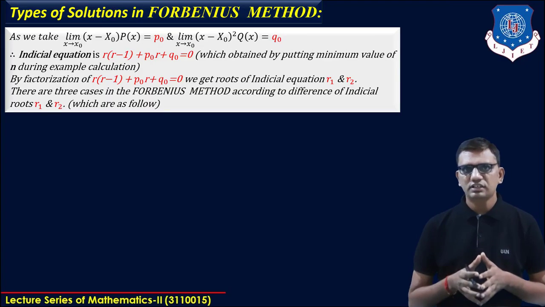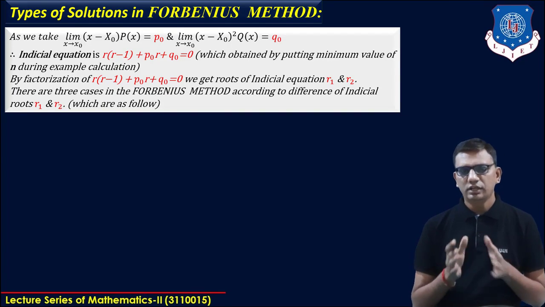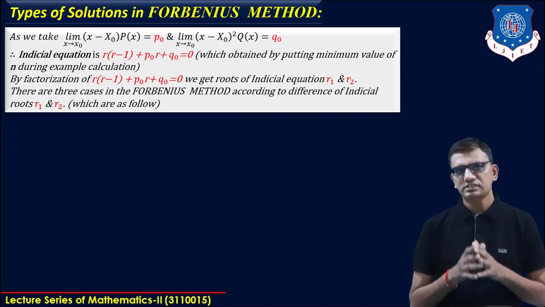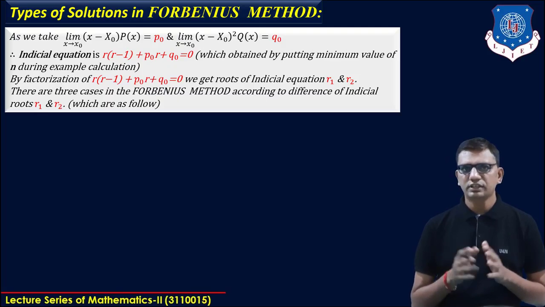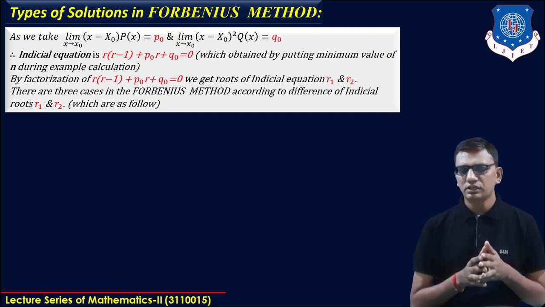By factorizing the initial equation, we get the two roots because our initial equation is a quadratic equation. Now if the roots do not differ by an integer, then it is case number 1 of the Frobenius series method. If the roots are real and same, then it is case number 2.